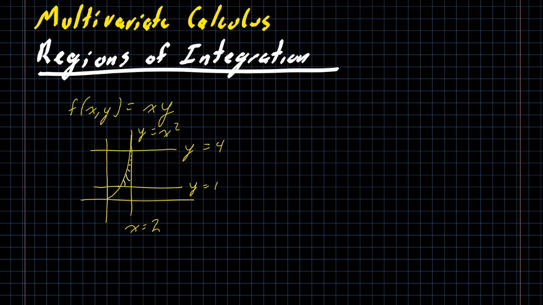In this particular example, I have y as a function of x right there in one of my bounds. The other bounds that I've written down are all constant values, but this one is variable.